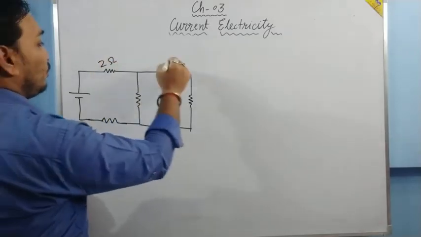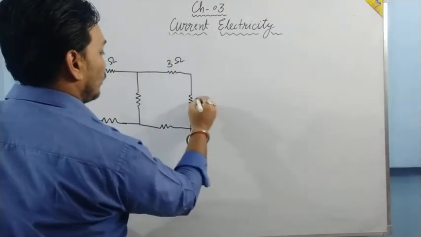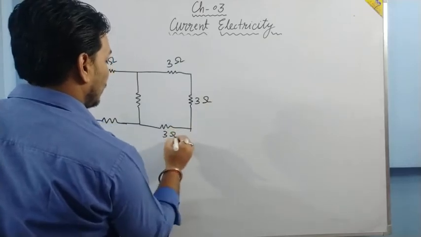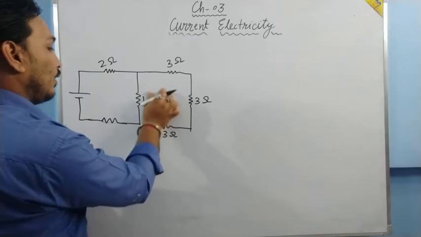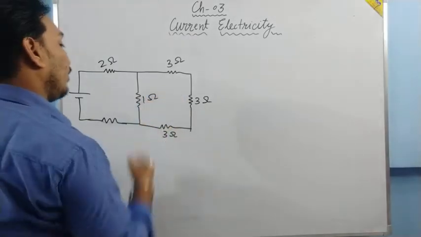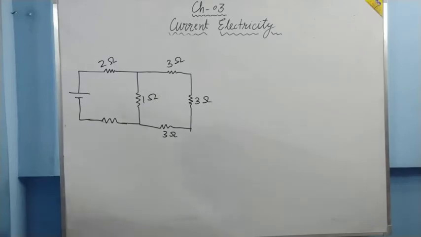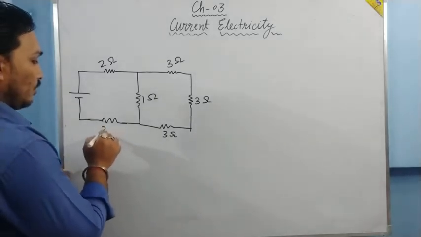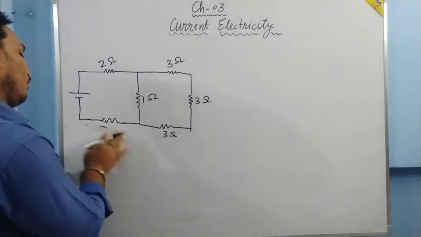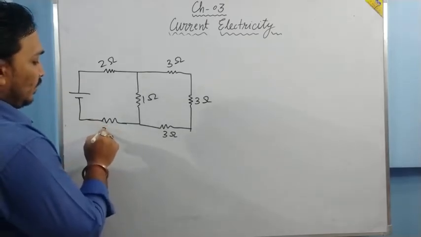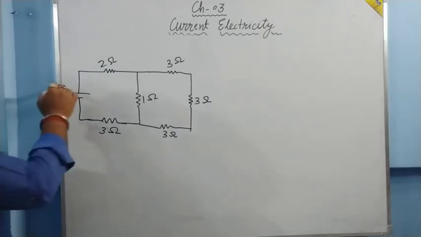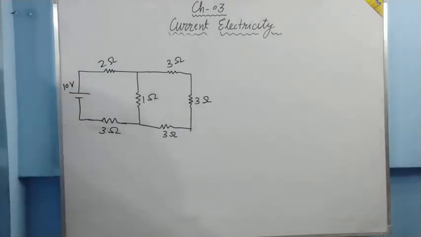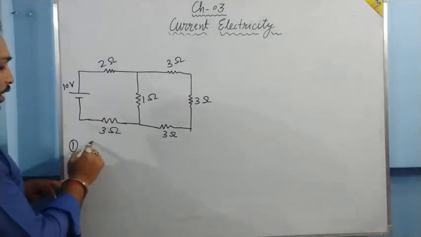Suppose this is 2 ohm, this is 3 ohm, this is 3 ohm, this is 3 ohm, this is 1 ohm. Let there be 1 ohm, okay, and let this also be 3 ohm, and let this voltage be 10 volts. Question is, first question, R equivalent.